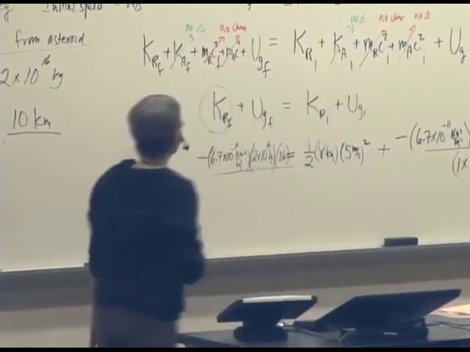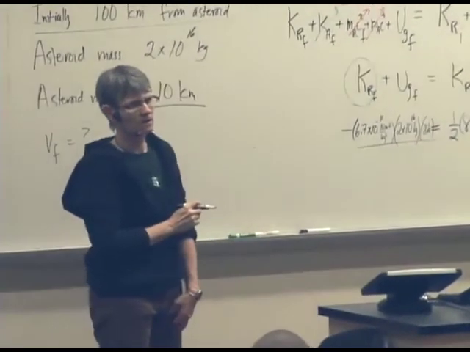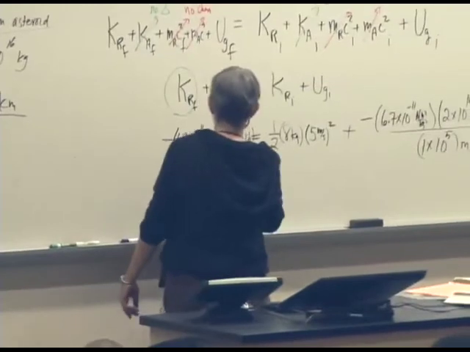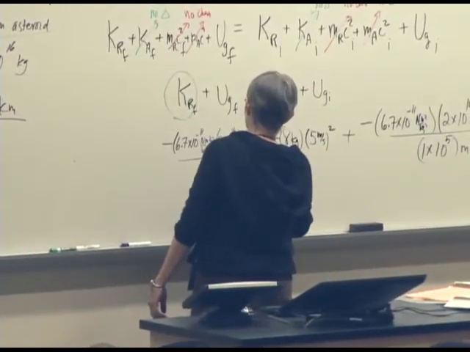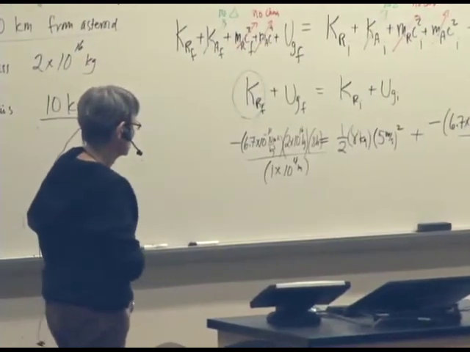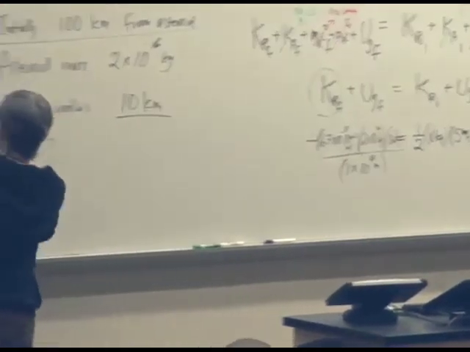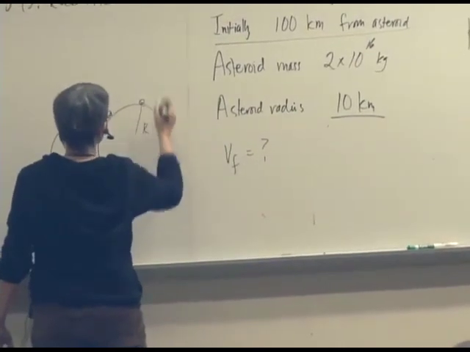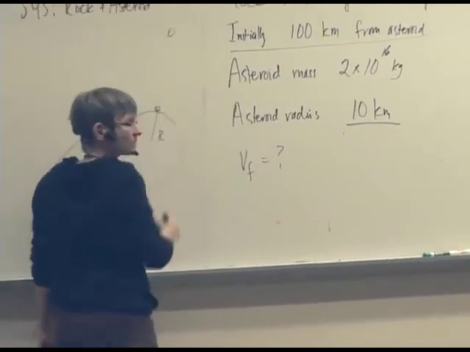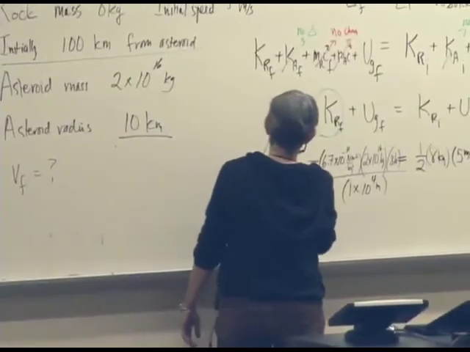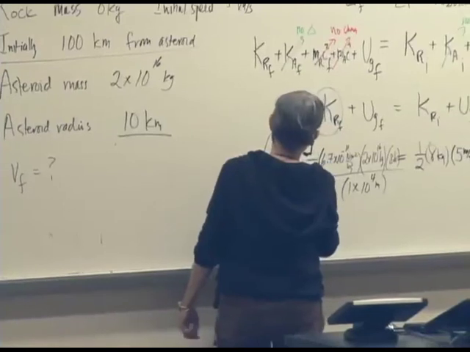And what do I use for R here? 10 times 10 to the third, right? So it's going to be 1 times 10 to the fourth meters, 10 kilometers. So the rock has just hit the asteroid, right? It started out here, but okay. And now we should be able to calculate.